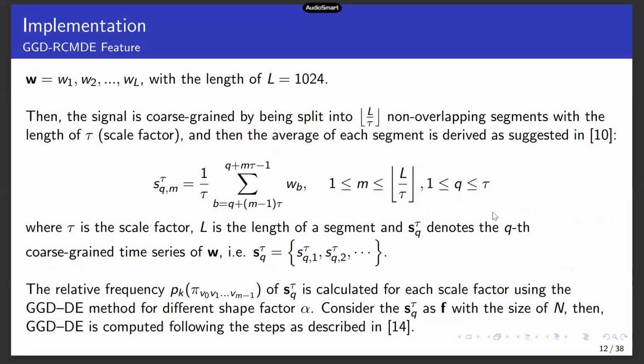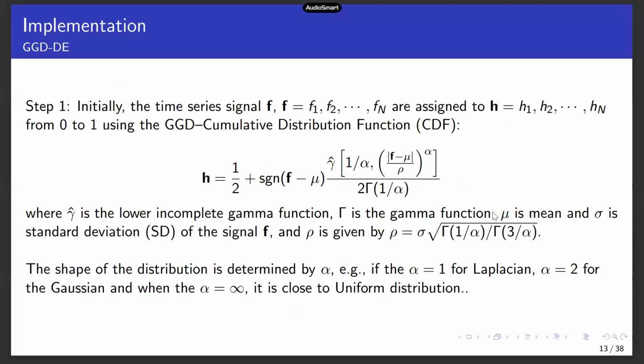With the length L equal to 1024, the signal is coarse-grained by being divided into L by T. Various formulas used to calculate the time scale factor and segment length are given, and finally each scale factor size is given for the proposed method.